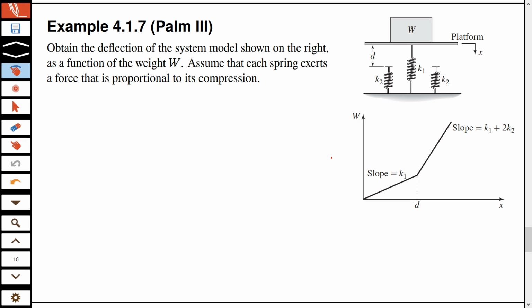But here we have a different scenario. We have three springs and they are all linear by assumption. So you assume that each spring exerts a force that is proportional to its compression. So this is just another way of saying that all the three springs are linear. Yeah, it's just a fancy way of saying that.